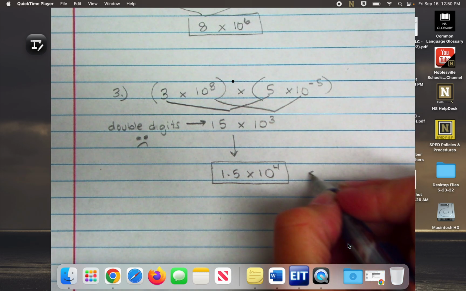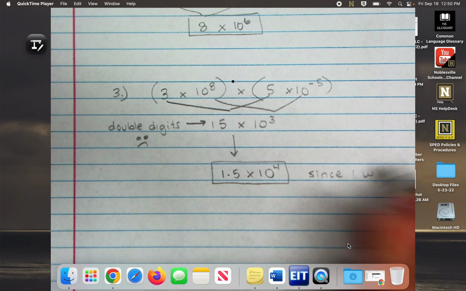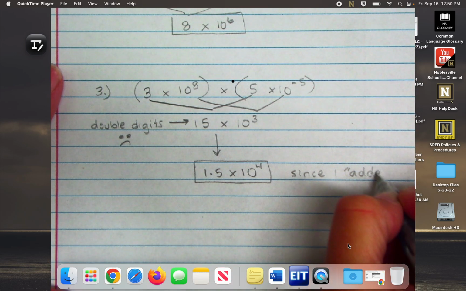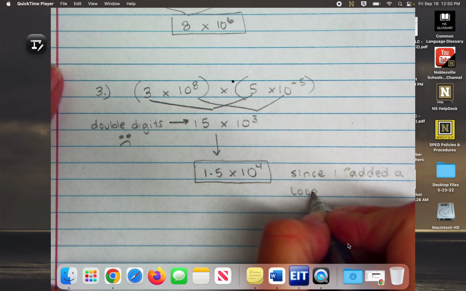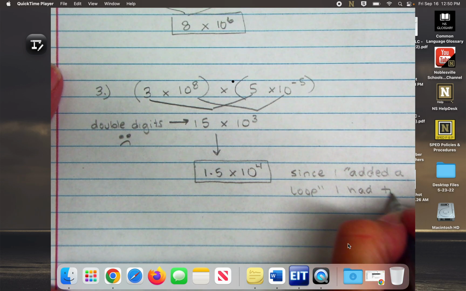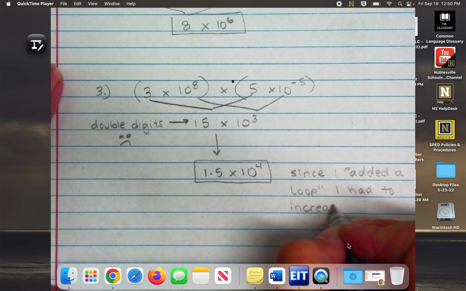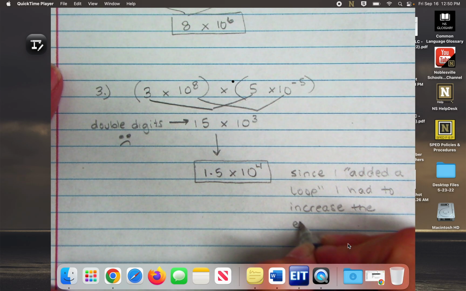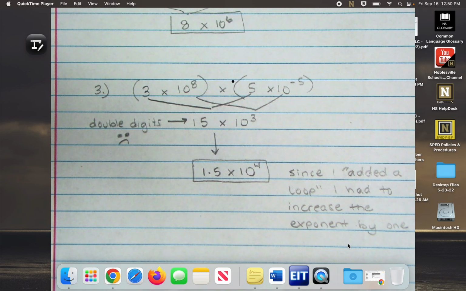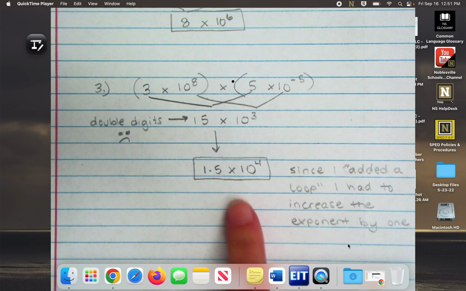But we're going to add ourselves a little note: since I added a loop, I made it harder for the decimal to travel, I had to increase the exponent by 1. Because 15 times 10 to the 3rd is the same as 1.5 times 10 to the 4th. But now we have it written in proper scientific notation.